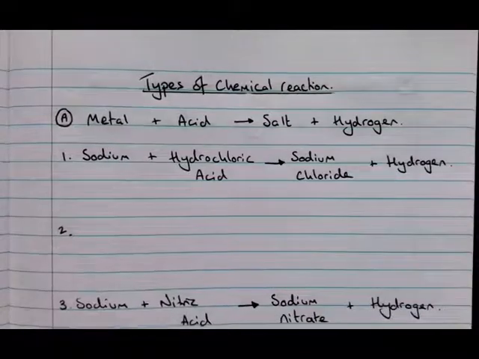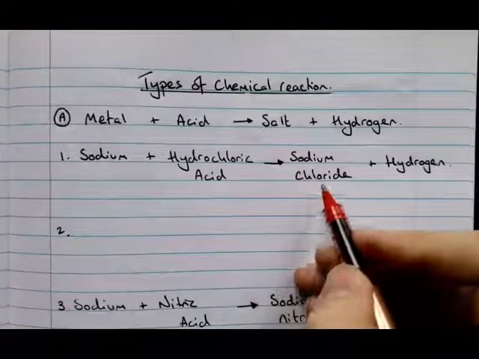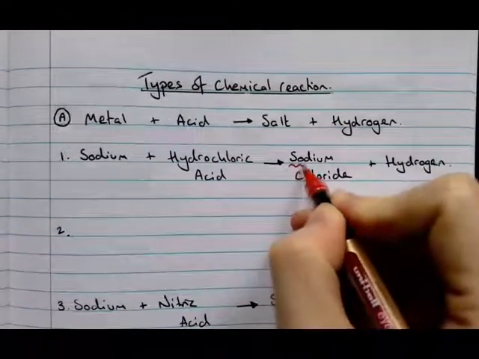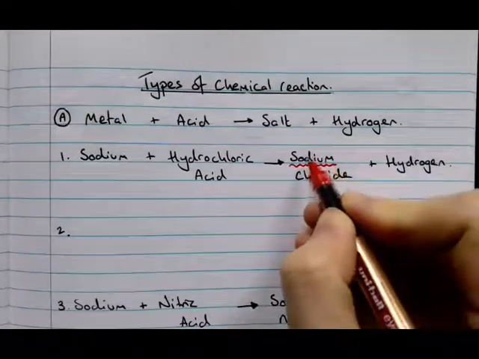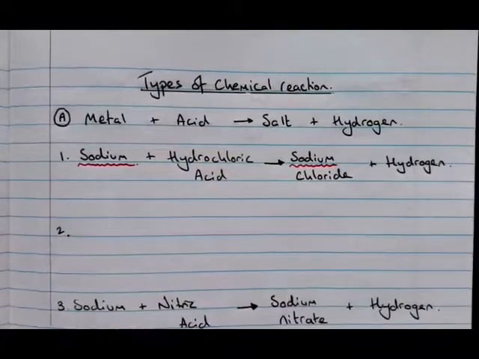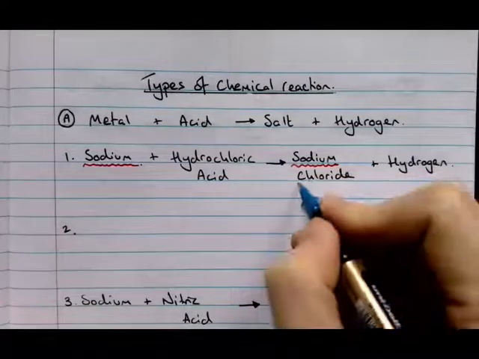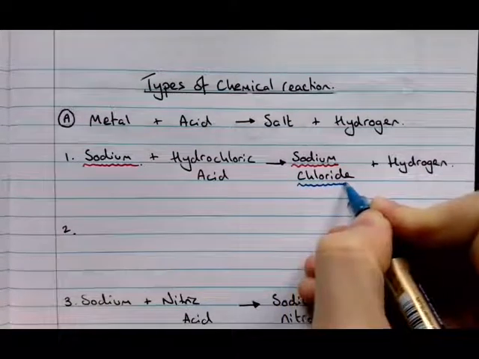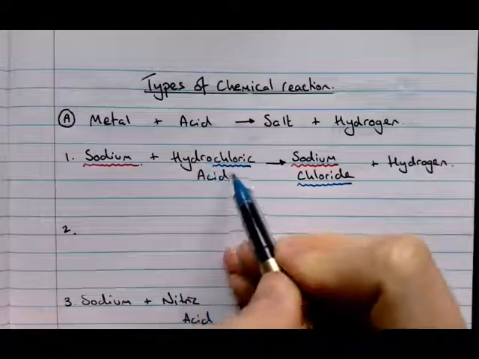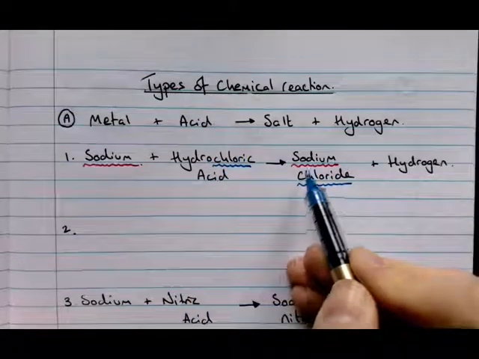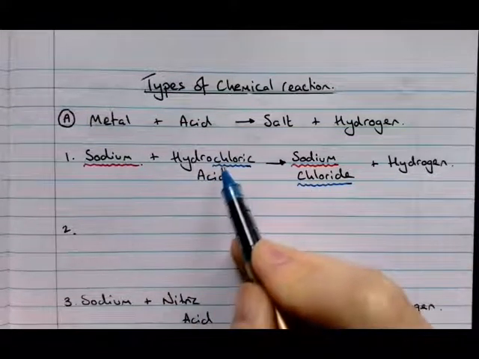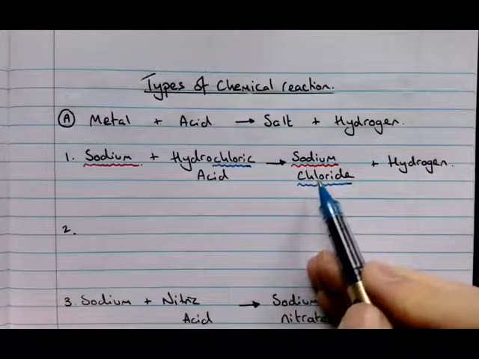So the thing that you need to look at carefully here is, how do we get the name of the salt? The first part of the name of the salt, sodium, comes from the metal. And the second part of the name of the salt, chloride, comes from the name of the acid. So if I use hydrochloric acid, I always make something chloride. So I use sodium and hydrochloric acid, I make sodium chloride.